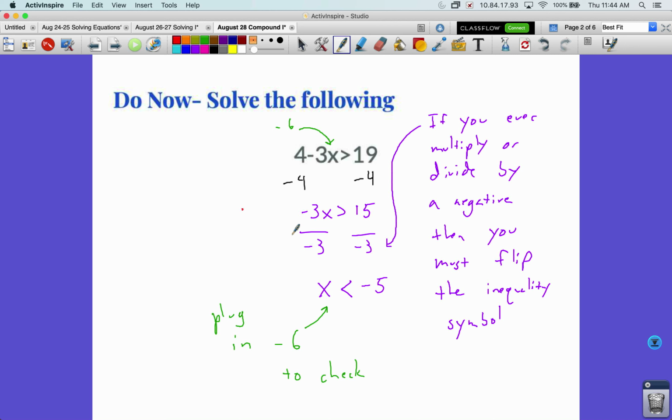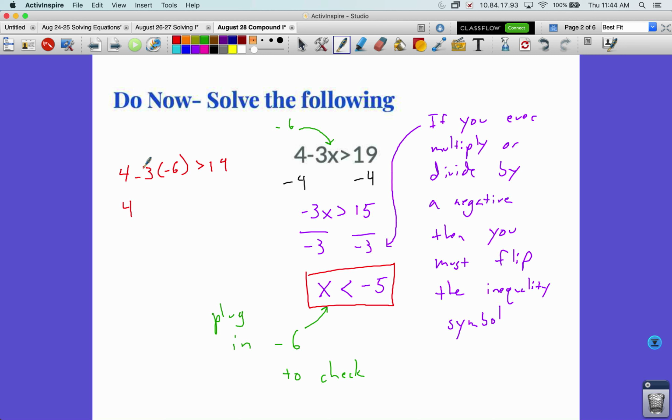All right, but this isn't a definitive proof. It just shows us that we haven't done something like faced our inequality the wrong direction. You'd have to actually check a lot more values to know for sure that this is the correct inequality. So here's our algebraic solution. I'm plugging in negative 6 to check, and I should get a true inequality. So let's see.